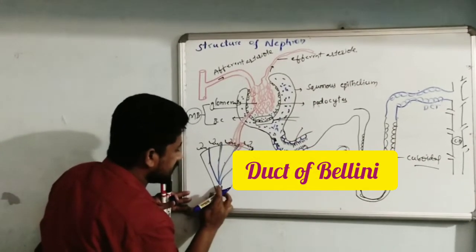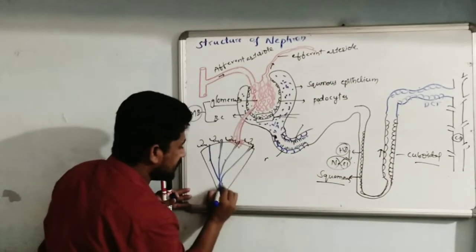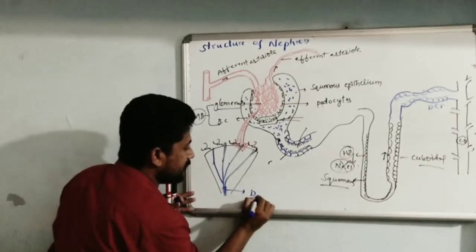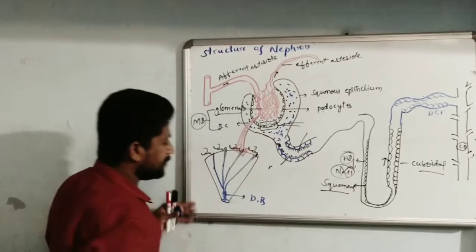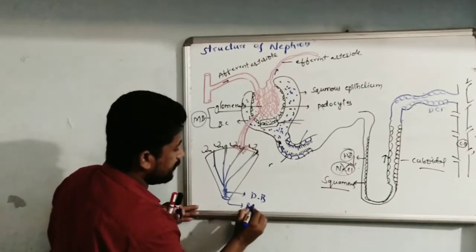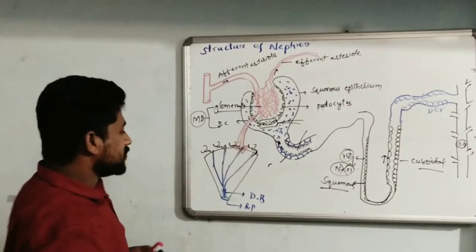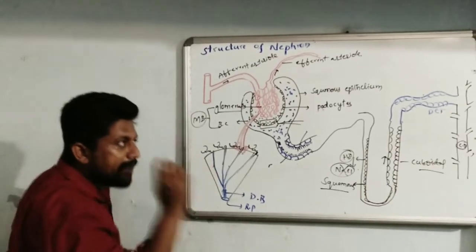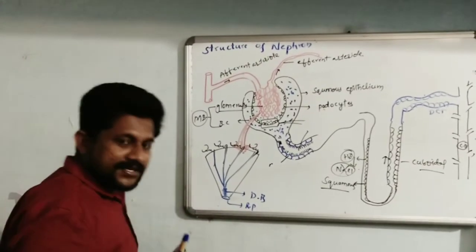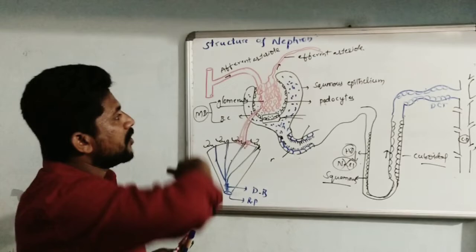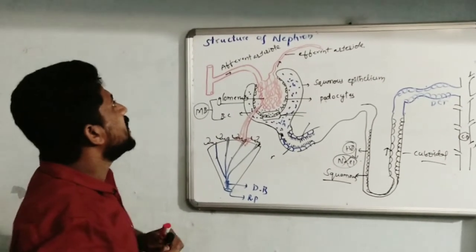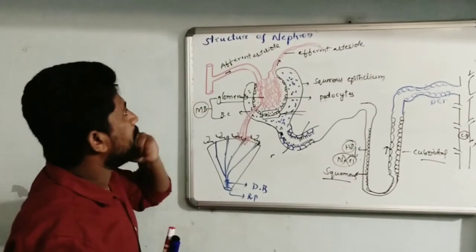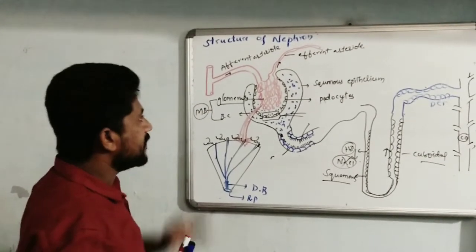This common duct is known as the duct of Bellini. It opens at the tip of each pyramid, the renal papilla. From the renal papilla, urine goes to the minor calyces, to the major calyces, from there to the ureter, to the urinary bladder, and to the outside of the body. This is the microscopic structure of the nephron. Okay, thank you.